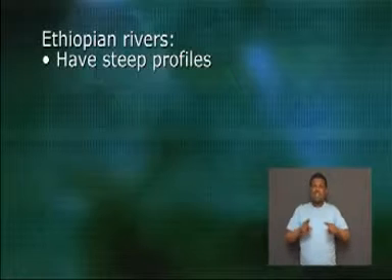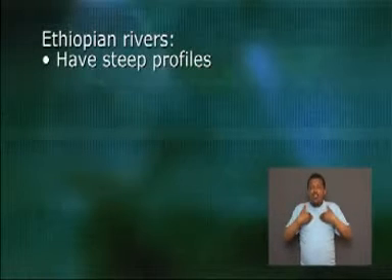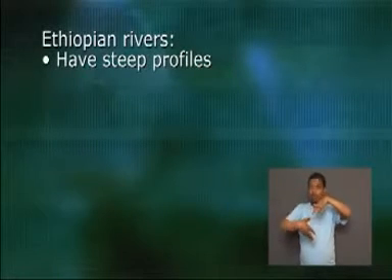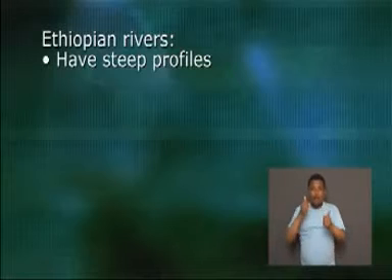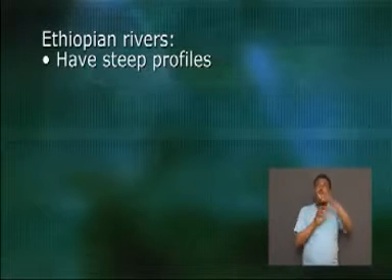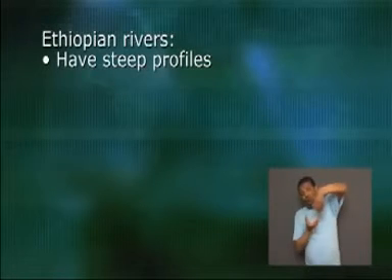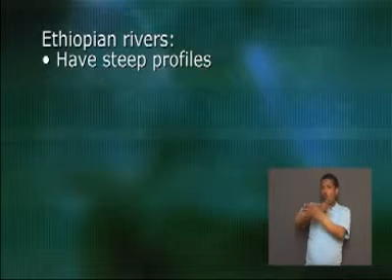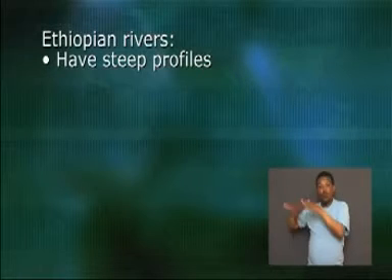Ethiopian rivers are characterized by an array of features. They often have steep profiles, which means they originate in high places and flow into the country's borders across lowlands.